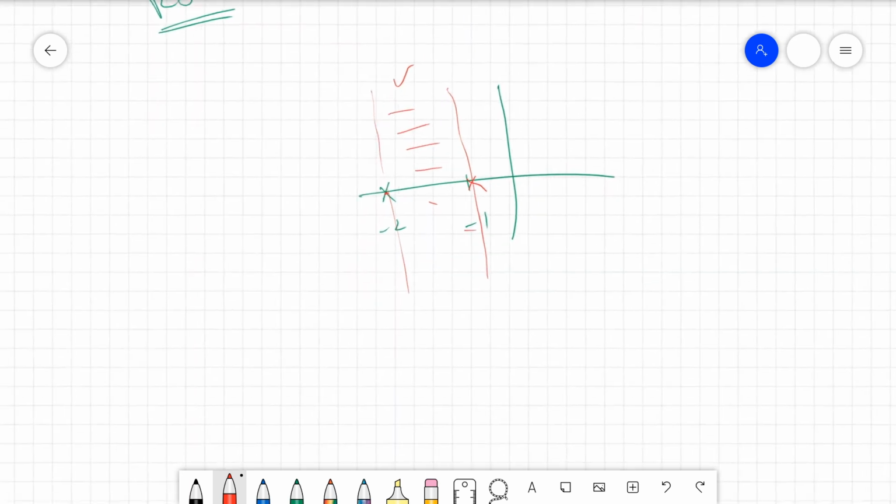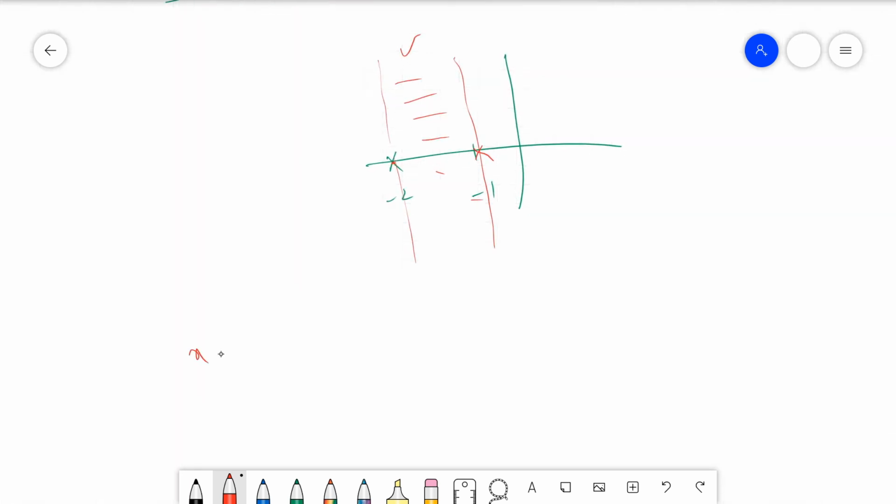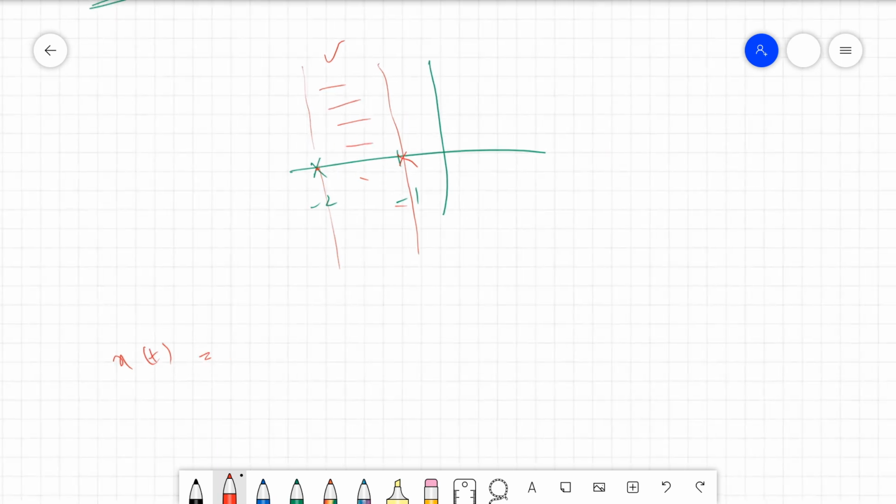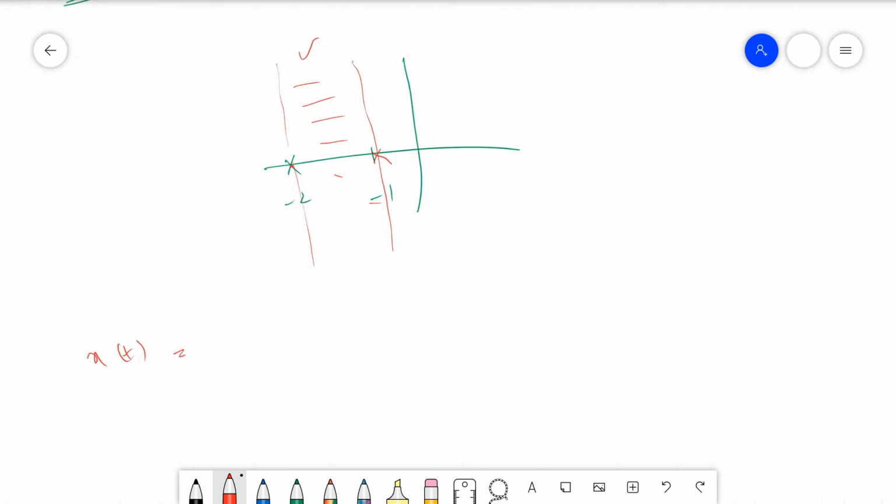So I'll directly write down the x of t signal, which will be, for the minus 1 term, a left-sided signal, so we will get minus e raised to the power minus t u of minus t, and for the next term, it is a right-sided signal, so we'll get e raised to the power minus 2t into u of t.